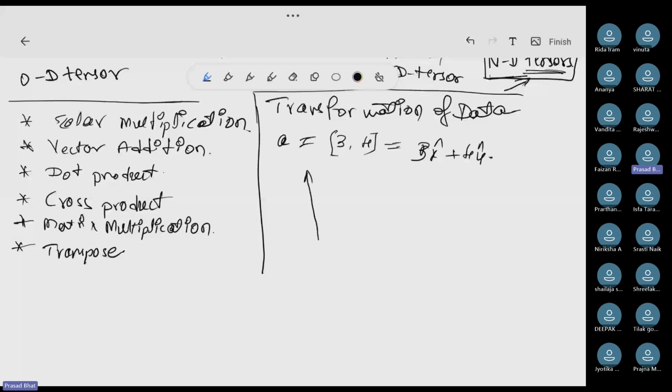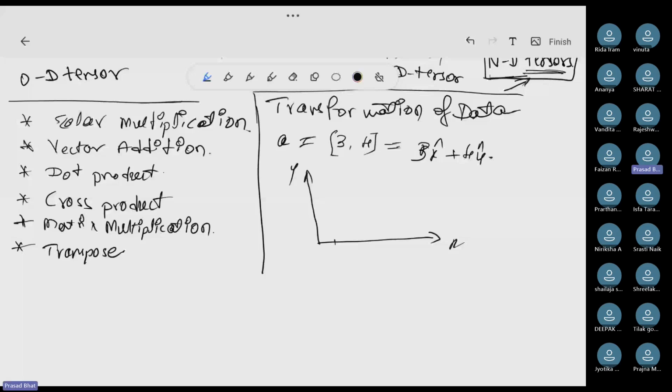If we draw it on the Cartesian plane, this is x, this is y, then 1 2 3 on x, and 1 2 3 4 on y. So this is the vector. This is the x component and this is the y component.